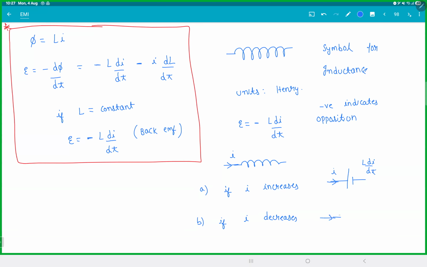So I will put a battery in the direction of the current. So if nothing is mentioned, always assume I is increasing, the sign will take care of it. That's why we call it back EMF. It always acts opposite to the current, the signs will take care of it. Is this clear, everyone?